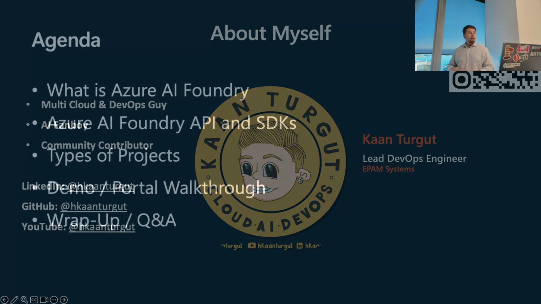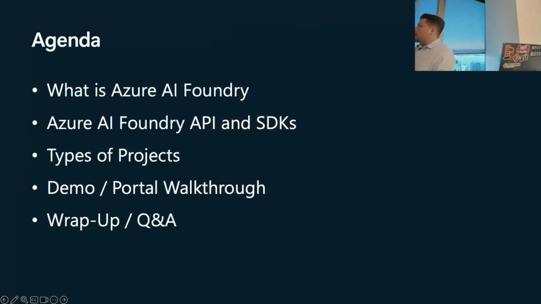Cool. So today, let's start with the agenda. We're gonna take a look at what is Azure AI Foundry, and we're gonna take a look at what type of APIs and SDKs are currently supported for Azure AI Foundry. We're gonna deep dive into the types of projects that you will see, and we're gonna have a demo portal walkthrough.